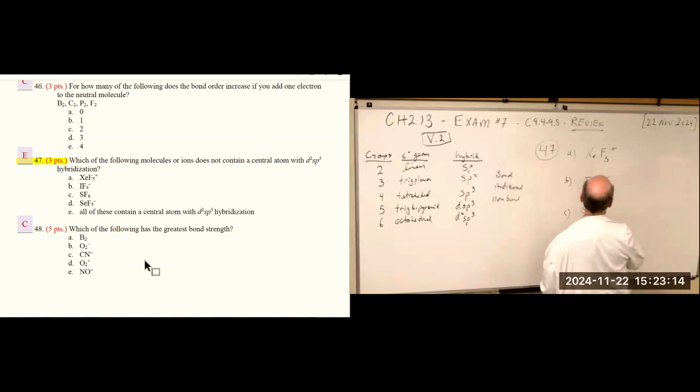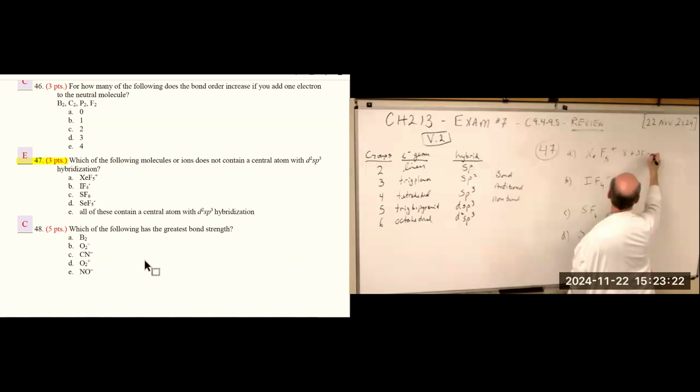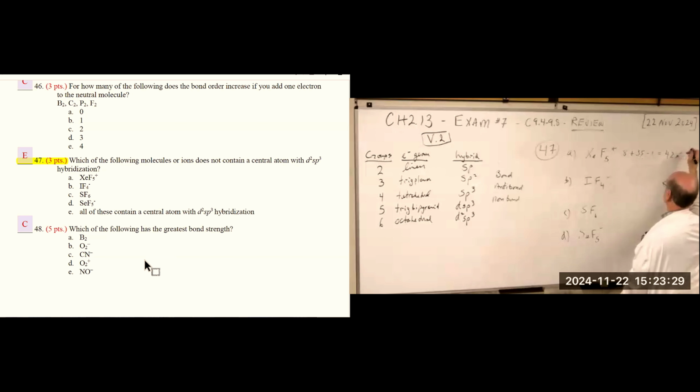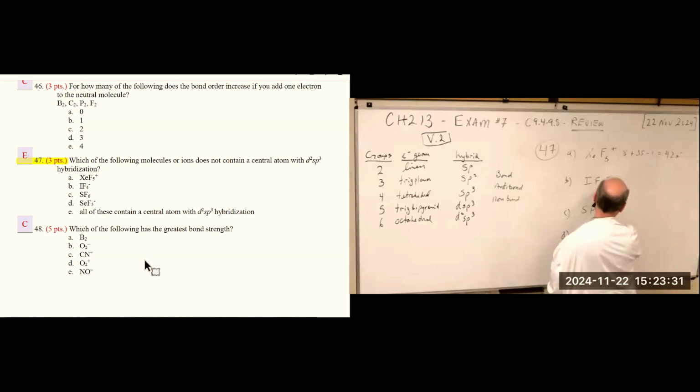So let's do electrons first. 8, this is 5 times 7. See, it's 8. Plus 5 times 7 is 35. Minus 1. All right, so that's 42, right? And then this one is 4 times 7 is 28.